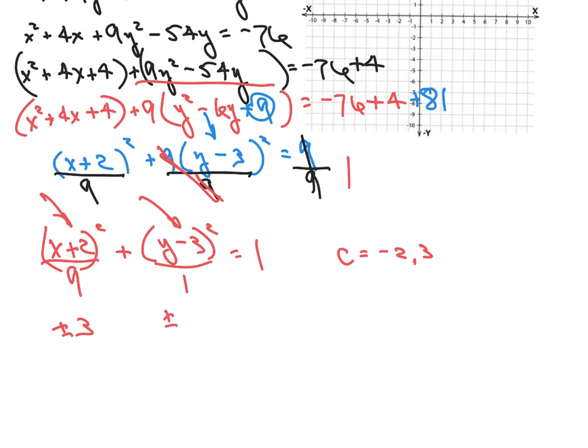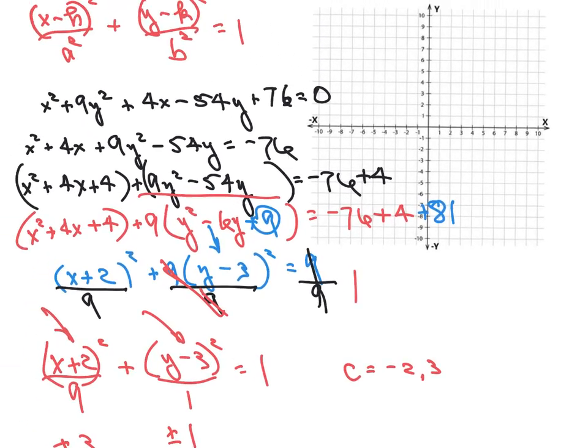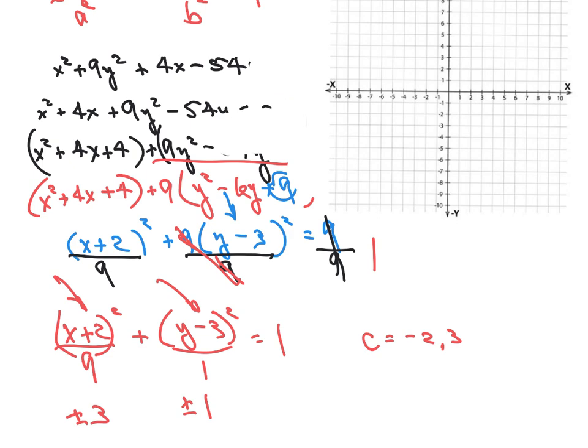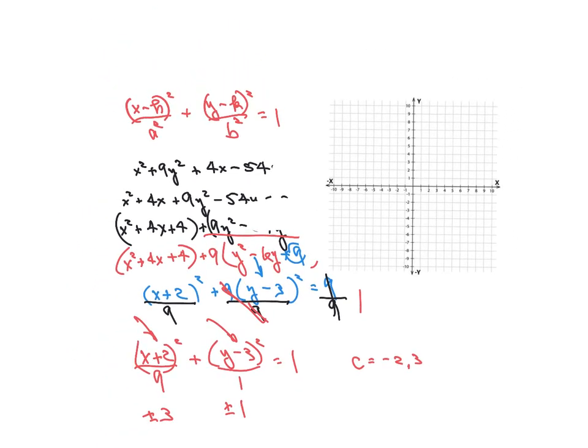Square root of 1 is plus or minus 1. I'm going to erase a bunch of this junk out of my graph way. And so I've got negative 2, 3 for my center point.